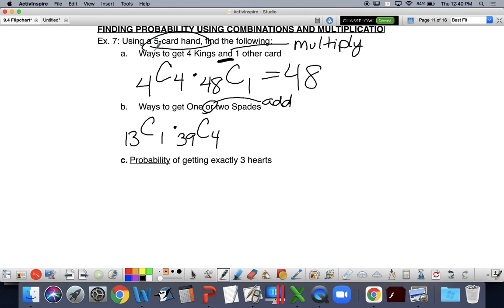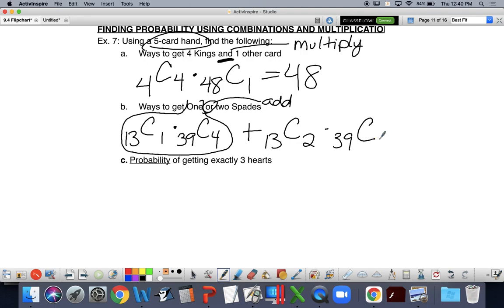But this was just the 1 portion right here. I now have to add, that's right. And I want to maybe get 2 spades. 13 choose 2 times 39 choose 3, I only need 3 more cards, right? 5-card hand.